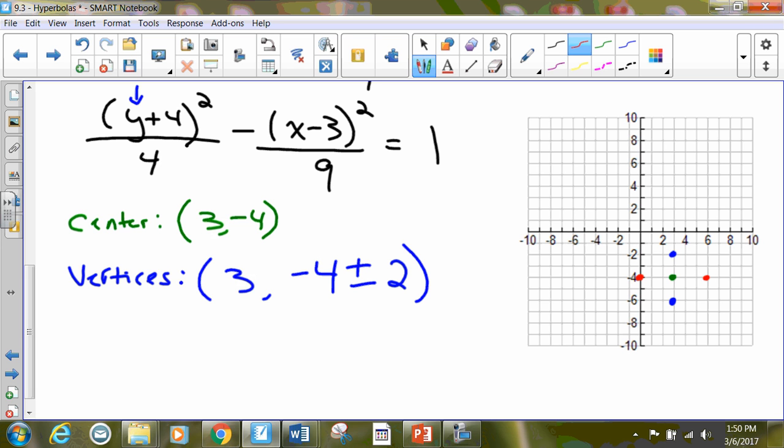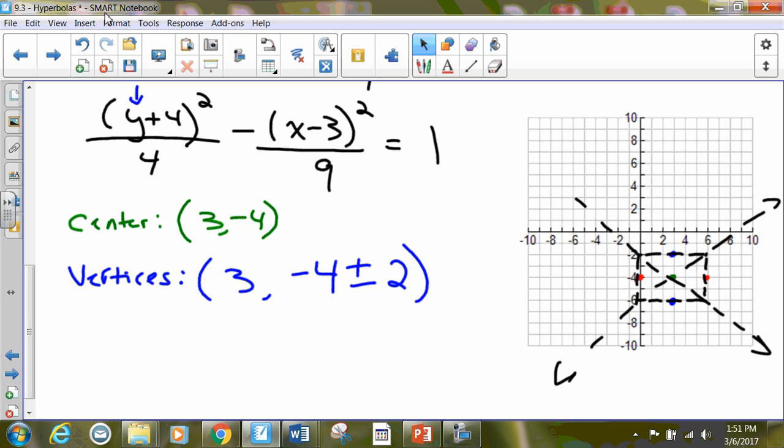No. So let's go ahead and make our box. Make our diagonals. And remind ourselves that we are drawing a hyperbola who hugs the y-axis.